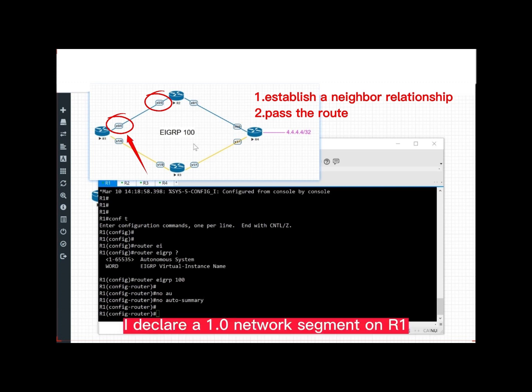I declare a 1.0 network segment on R1, and all devices can learn it. This is the difference between dynamic and static. If this 1.0 network segment goes away, R1 will send link status updates to other devices, and all devices will delete this network segment. This is the purpose of the declaration.